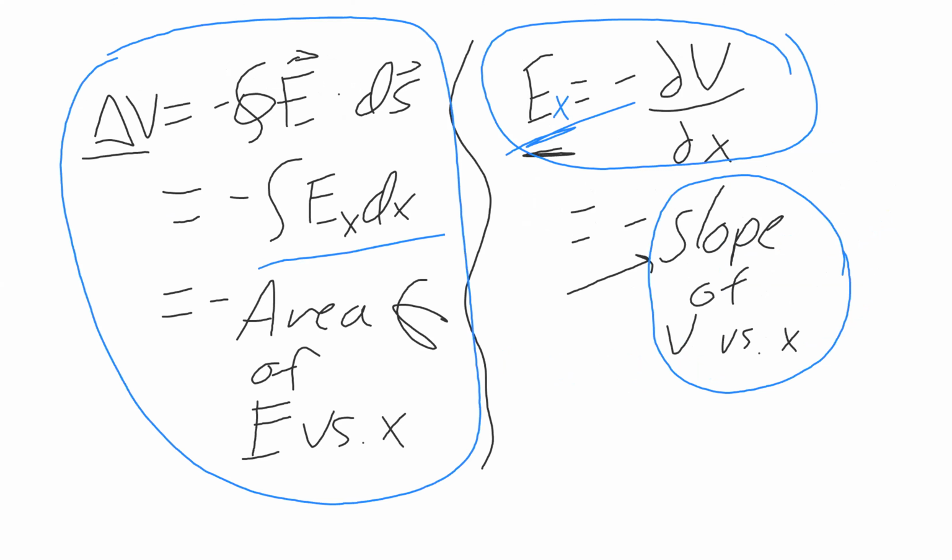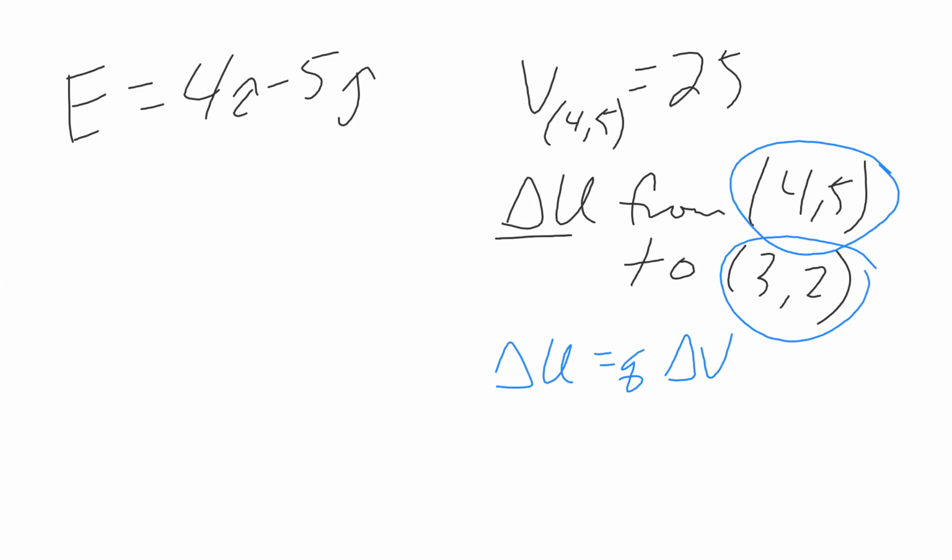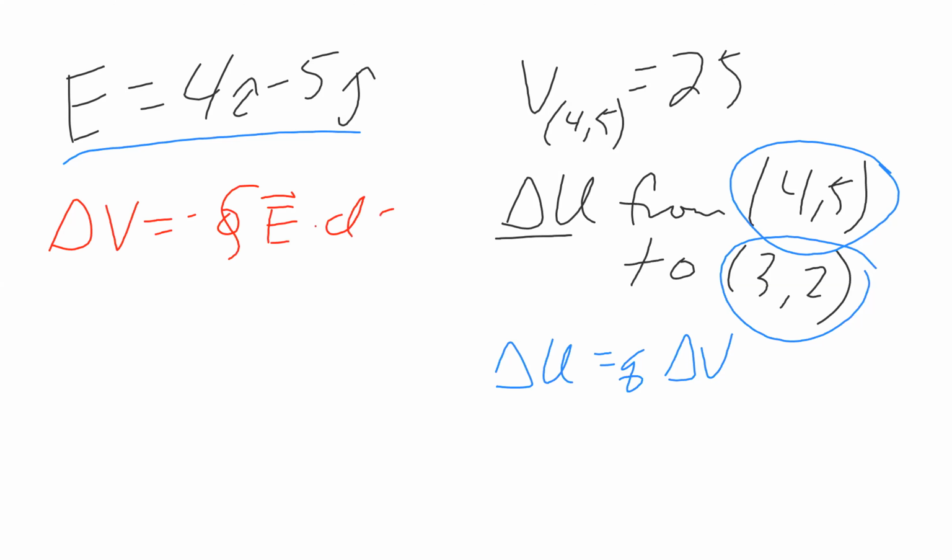All right, and I know that this is the electric field, so I would like to somehow put all this together and say that delta V is going to be equal to the negative integral of E with respect to the differential line segment ds, path length. I only need to find delta V itself.